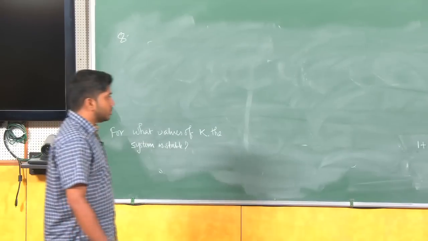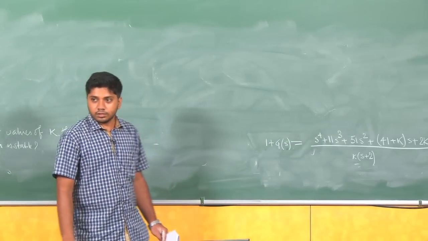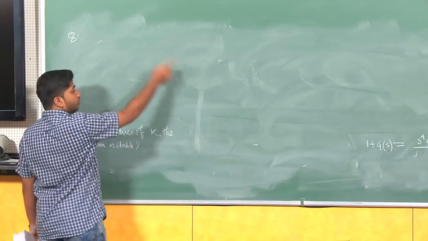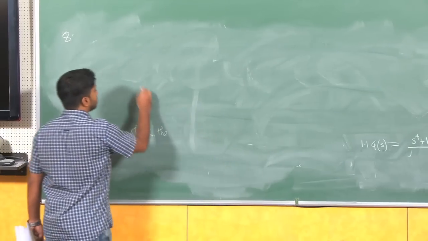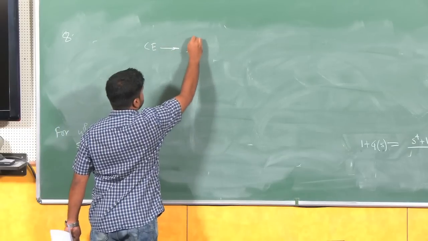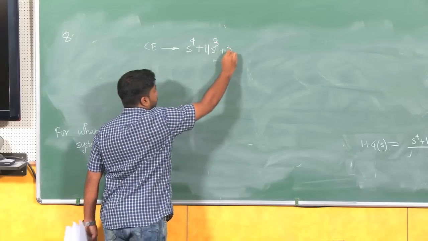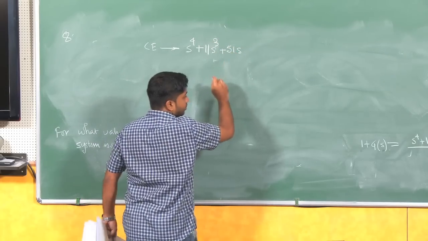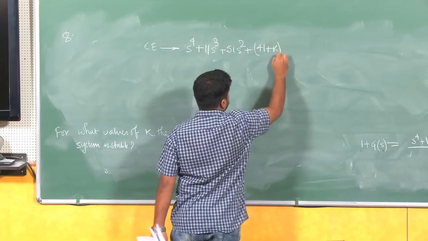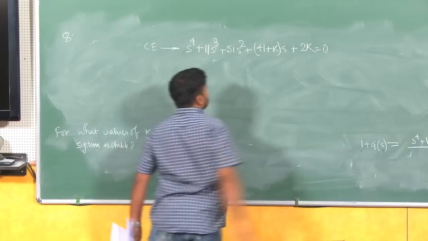The characteristic equation is the numerator of 1 plus G(s), that is, s to the power 4 plus 11 s cube plus 51 s square plus (41 plus k) s plus 2k is equal to 0.